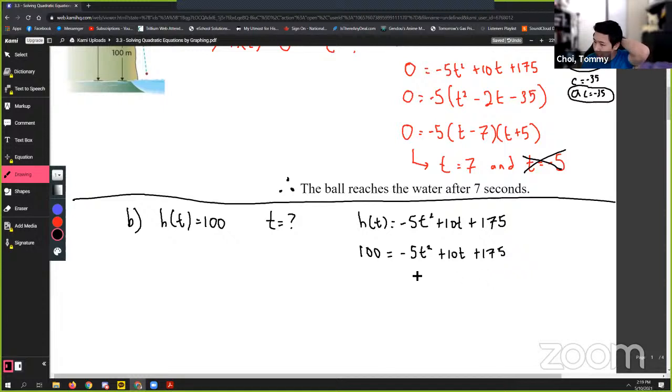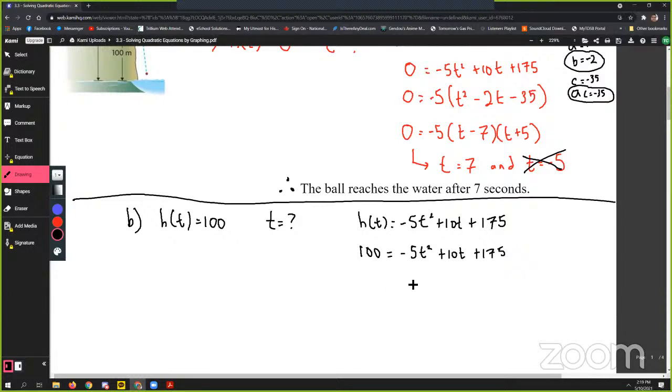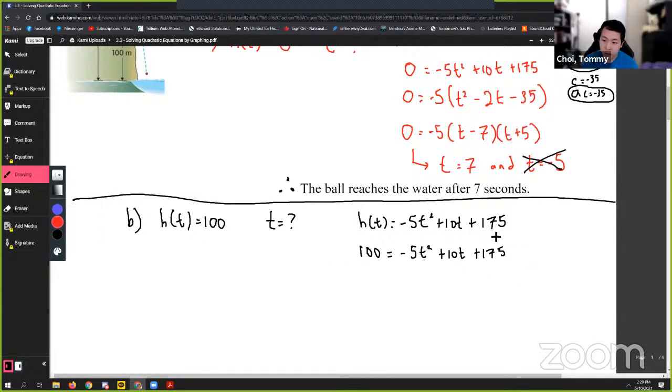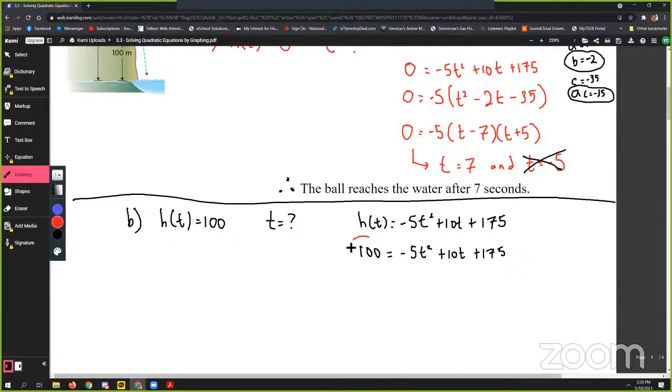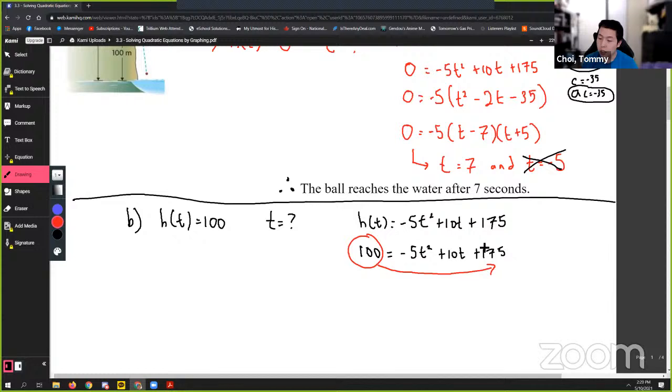So does anyone have an idea what we should do so that we can factor it? Do we need to move 175? Not the 175, but rather the 100. But you had the right idea. Instead of moving the 175, we're going to move the 100 over to the other side so that the left side does equal 0.